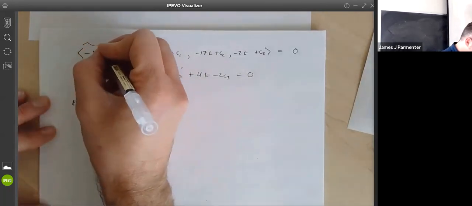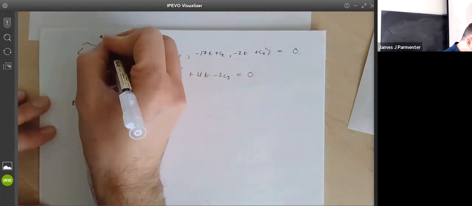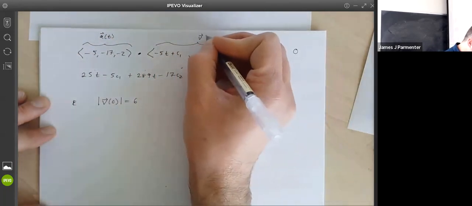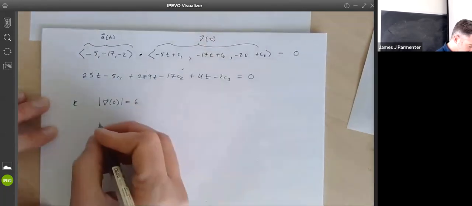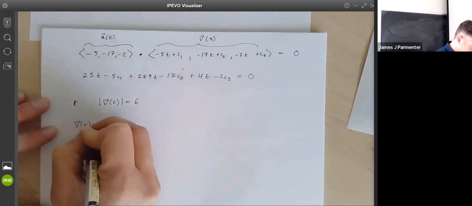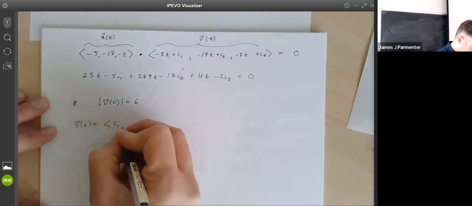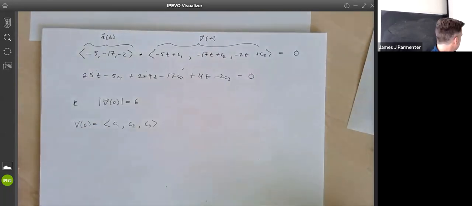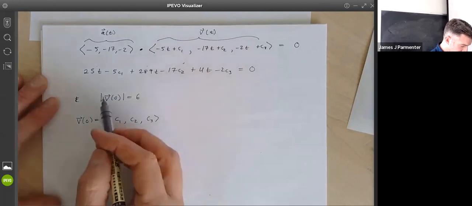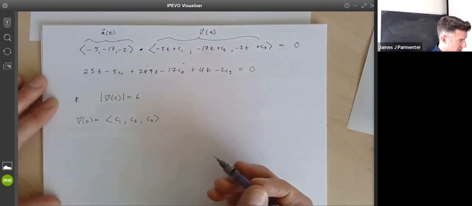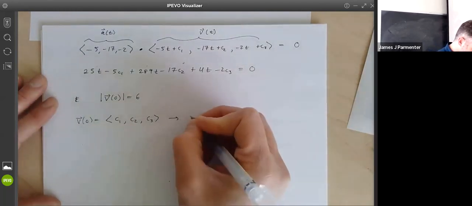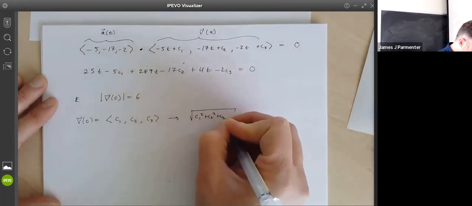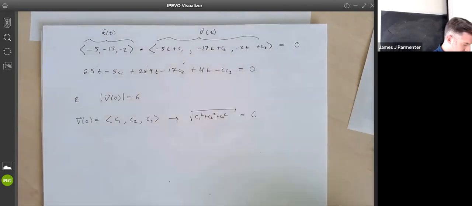Just a reminder, here's A, here's V. V of 0 is just the constants, C1, C2, C3. So we should be able to say that the magnitude of this vector is equal to 6. That implies that the square root of C1 squared plus C2 squared plus C3 squared equals 6.